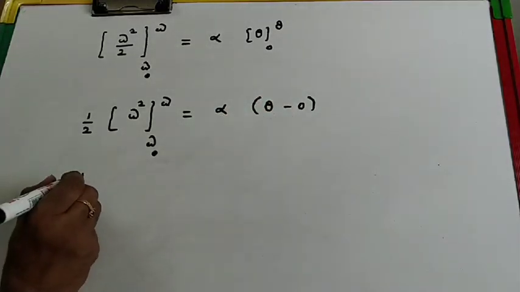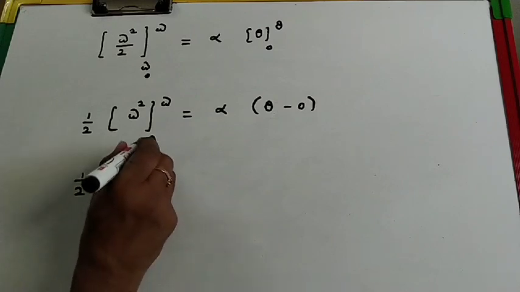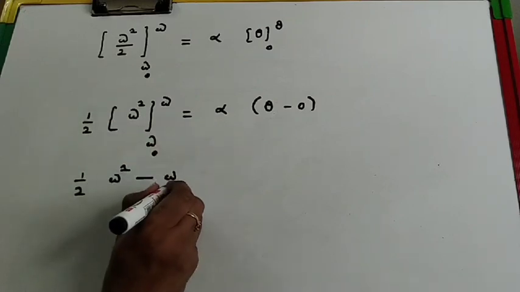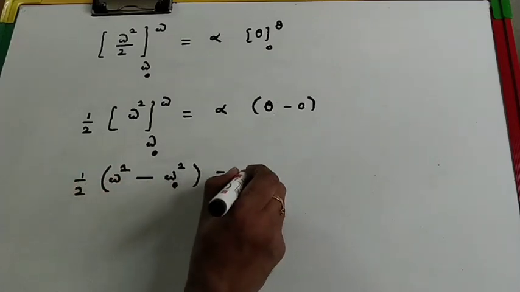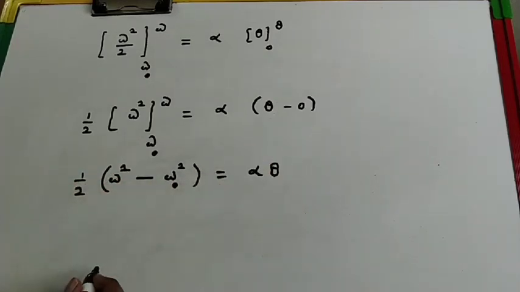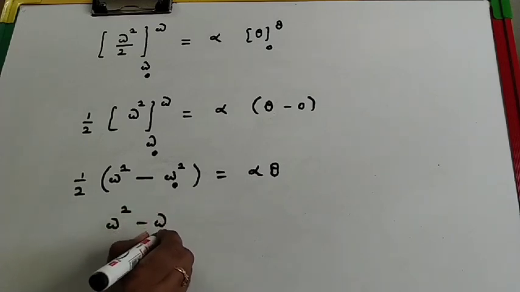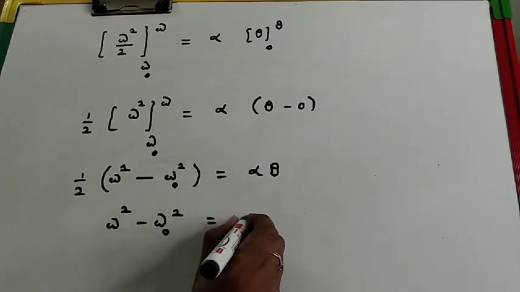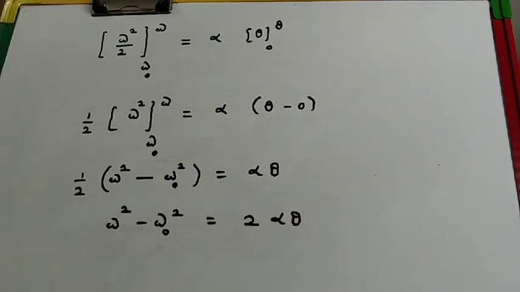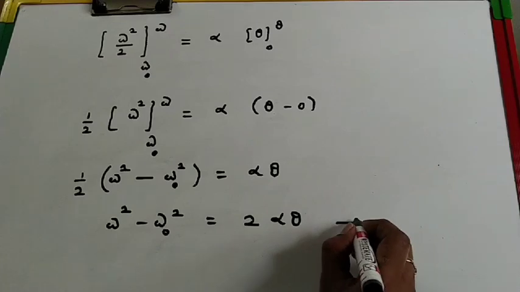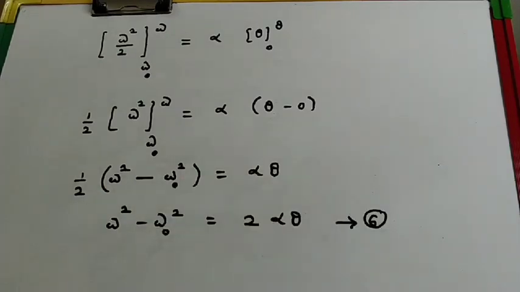Here 1 by 2, upper limit omega square, lower limit omega naught square, is equal to alpha into theta. Therefore omega square minus omega naught square is equal to alpha theta. This is equation number 6. This is the third equation of motion.